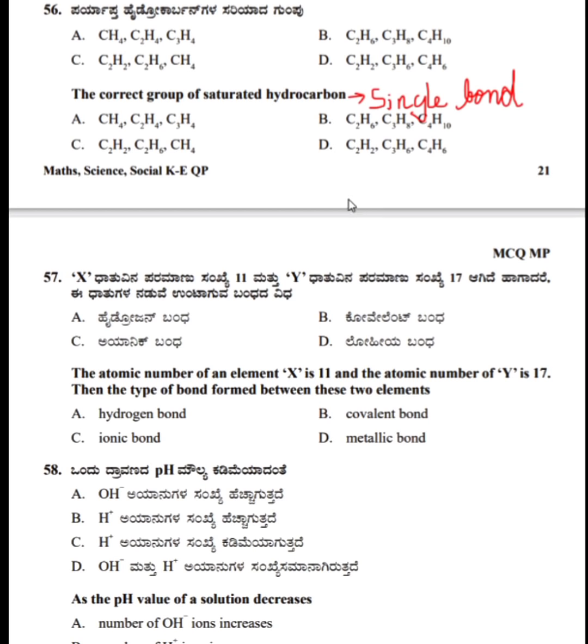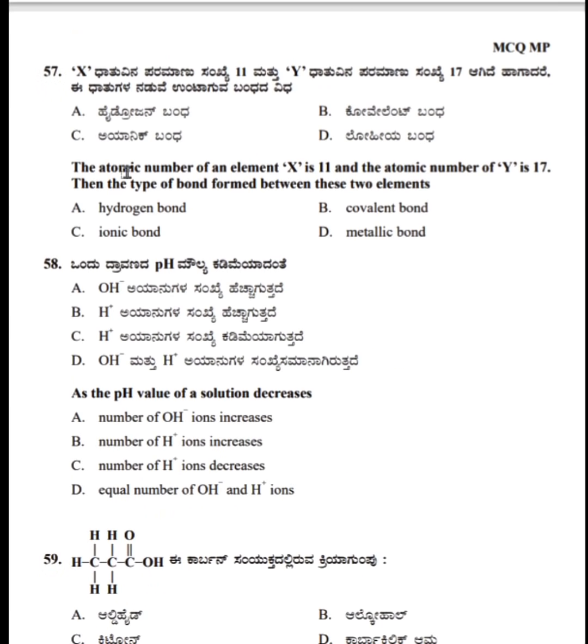Options A, C and D are incorrect because they possess double bonds or triple bonds between them. Option B contains only single bonding. Therefore, the correct answer is option B, C2H6, C3H8 and C4H10.